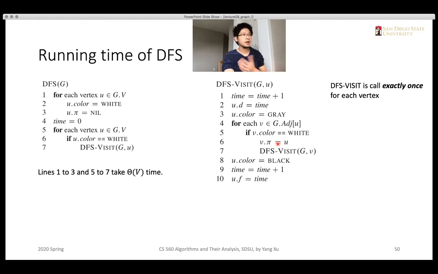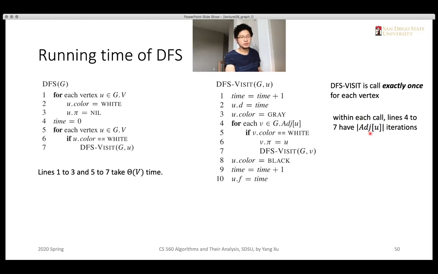That makes things easier, because we know that for each call, lines 4 to 7, the for loop will have as many iterations as the size of the adjacency list.